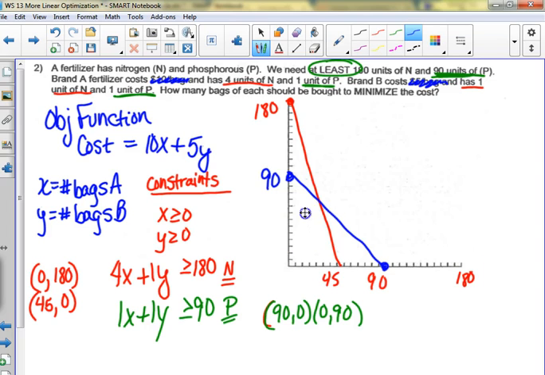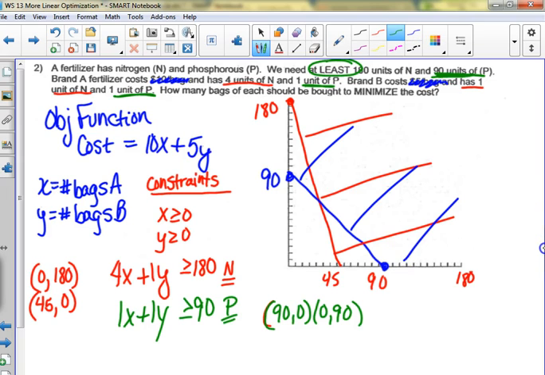Am I talking about this little area down here? Anybody know if we're talking about this little area down in the corner? Because it's at least, right? Okay, so it was above the red and above the blue.